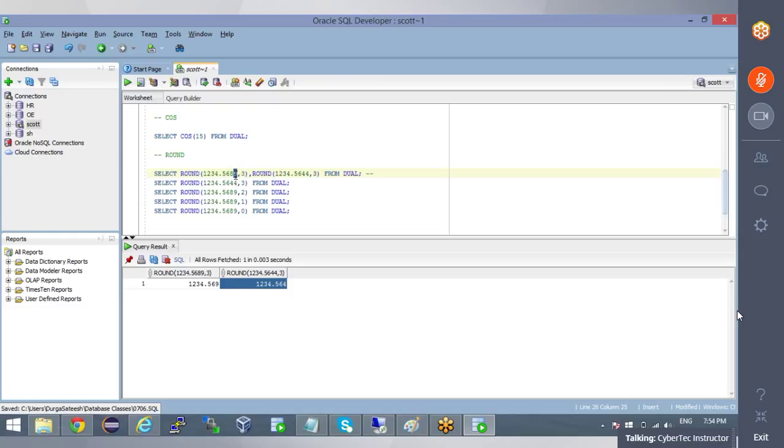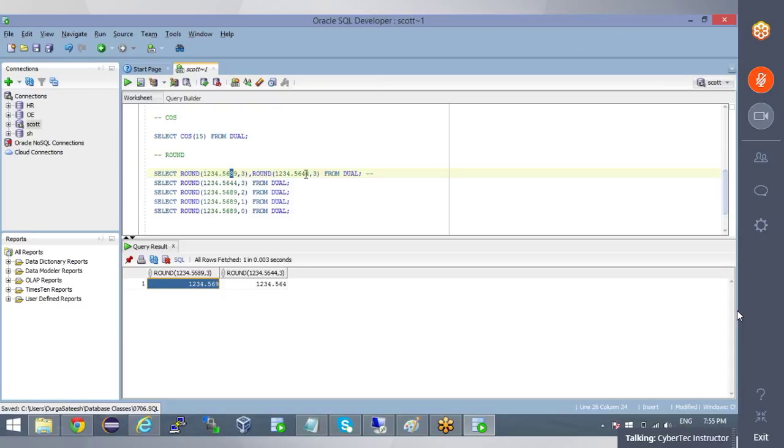If the fourth digit value is greater than or equal to 5, then it increments the third value by 1, and that is the reason why you see the value as 1234.569.